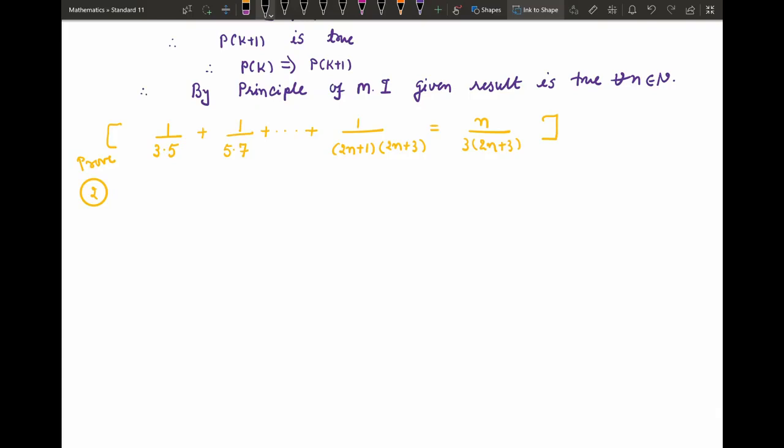Prove that 1 plus 2 plus 3 and so on up to n, the sum of the first n natural numbers, is less than 1 upon 8 into (2n plus 1) whole square.